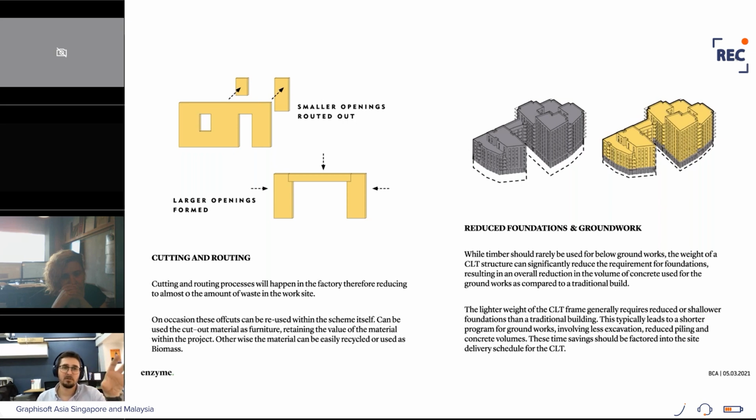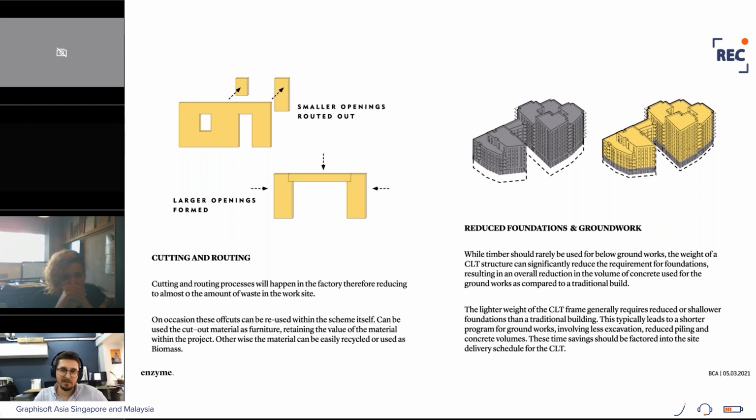All these new typologies and structures can also bring other benefits as a side effect. For example, CLT structures are way lighter and require much less foundations and groundwork, which also reduces the amount of waste on site.